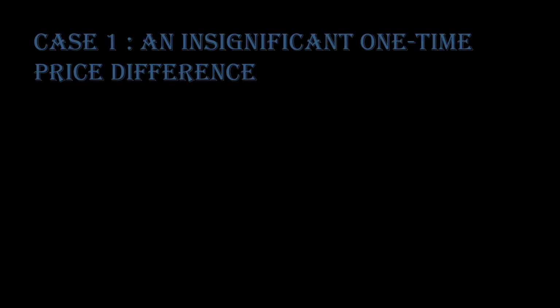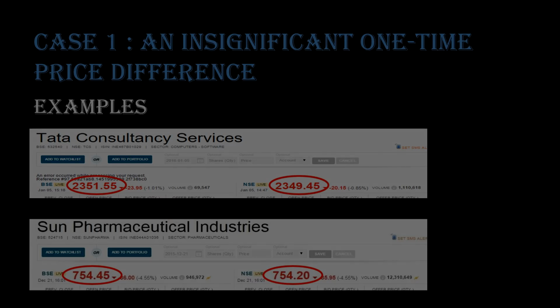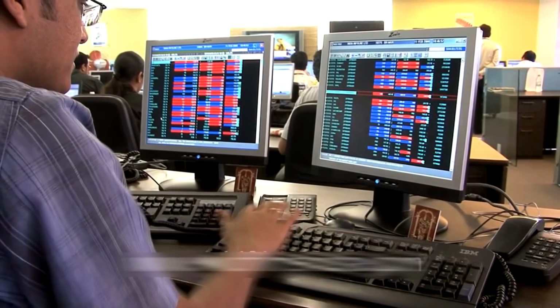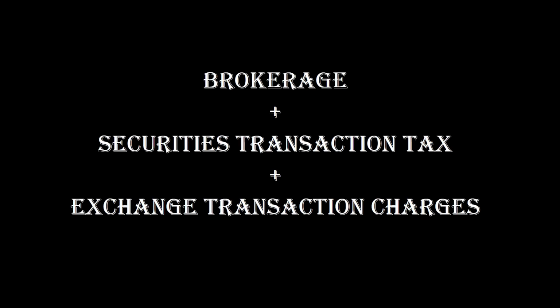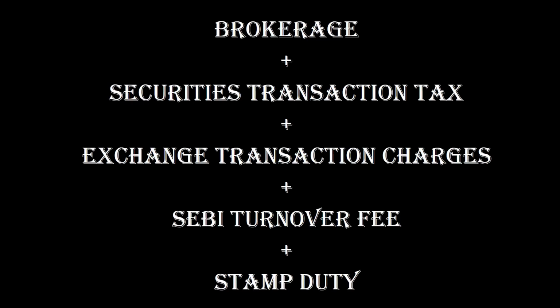Case 1, an insignificant one-time price difference. Whenever you buy or sell shares, you need to pay various taxes and fees in the form of brokerage, securities transaction tax, exchange transaction charges, SEBI turnover fee, and stamp duty.